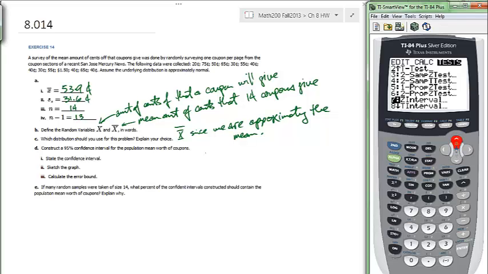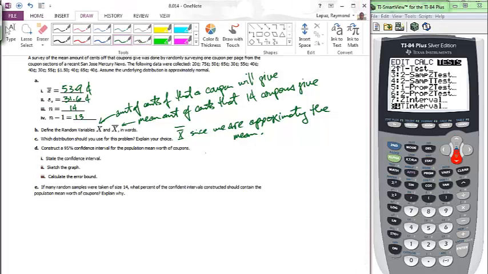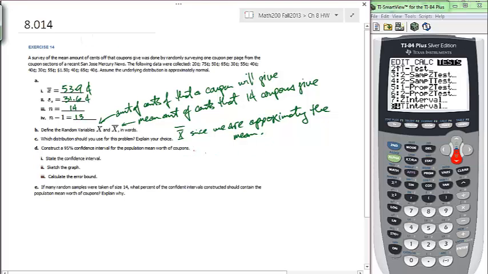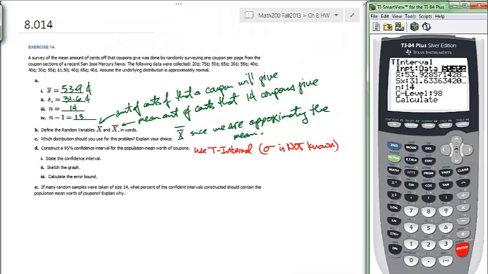Here we're going to use the t interval because sigma is not known. Remember, we only use the z if we know sigma. Otherwise, we will use a t interval. Let's go ahead and select that.